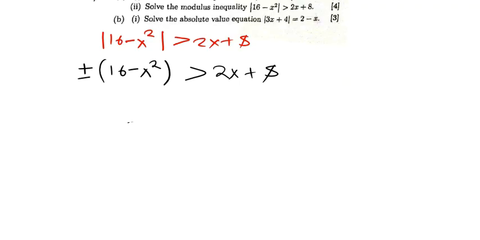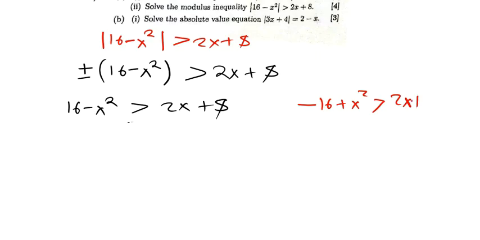The two inequalities that result are: the one with a positive will be 16 minus x squared, as it is, greater than 2x plus 8. The other inequality, distributing the negative, is minus 16 plus x squared greater than 2x plus 8. I believe you know how to solve inequalities faster and simpler, right?